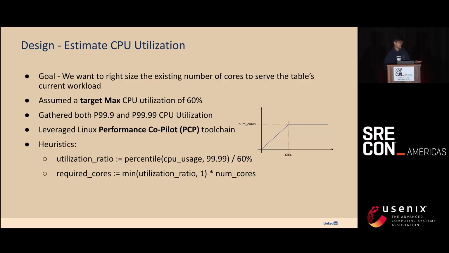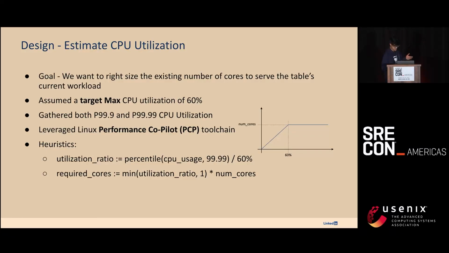With that being said, after we scale down the number of cores, we still want the cluster to withstand 99.99% of the traffic, so that we serve you well while you are scrolling through your feed, while you are trying to do job search.